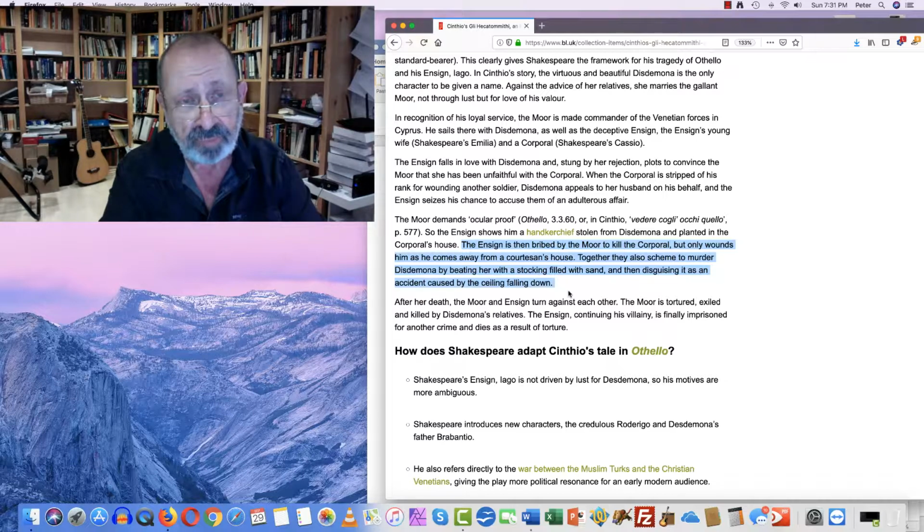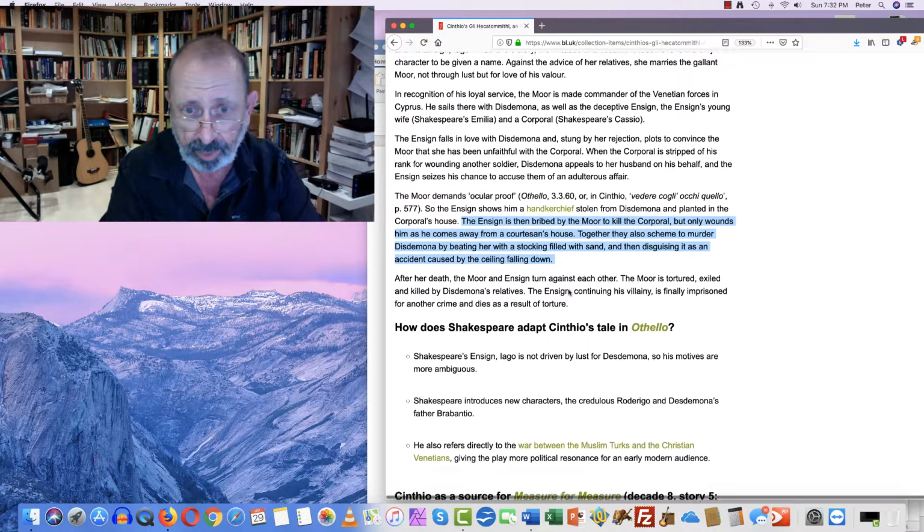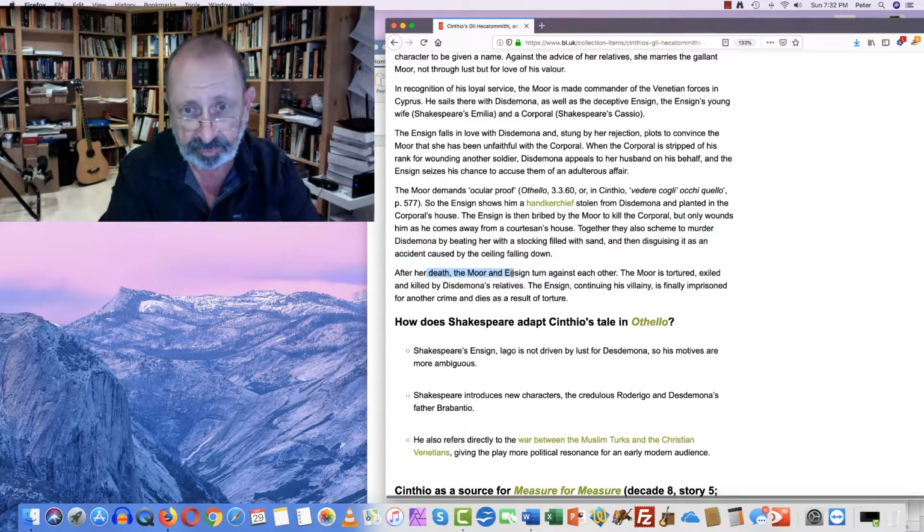So Desdemona's murder is actually at the hands of both Othello and Iago, and Shakespeare has taken that away, so that the focus of the tragedy is strictly on Othello, not on Othello acting violently in cahoots with Iago. After her death, this is still Cinthio, the Moor and the ensign turn against each other.